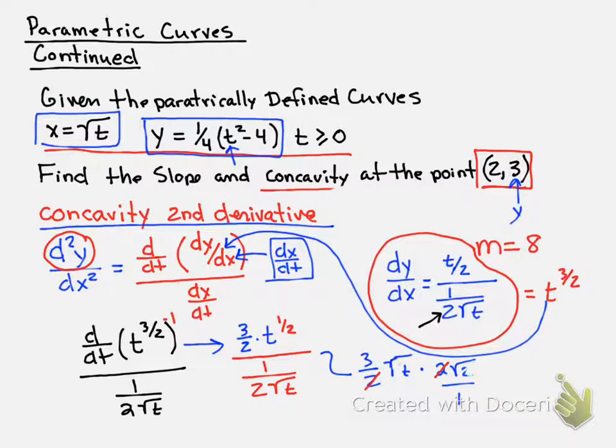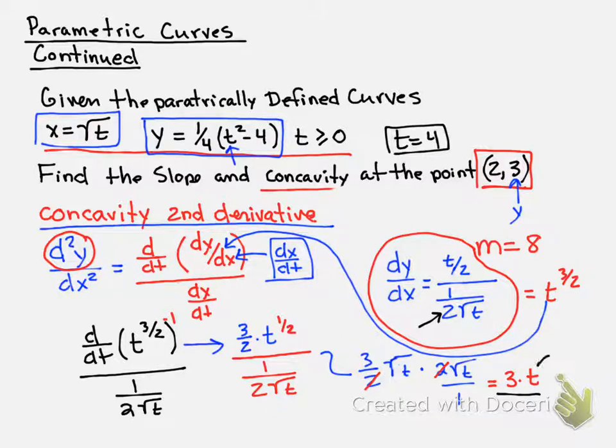This gives me 3 times the square root of t times the square root of t, which is the square root of t squared, or just t. So our second derivative is 3 times t, and our t was 4. We found that previously.